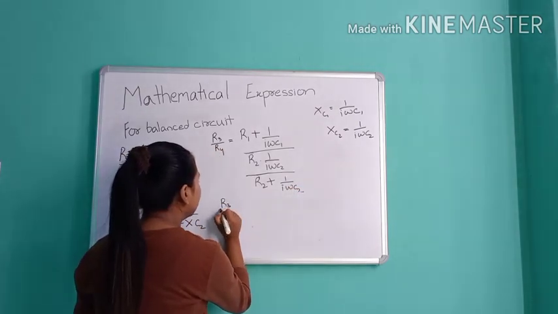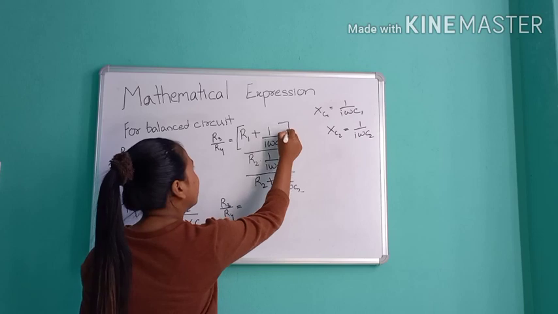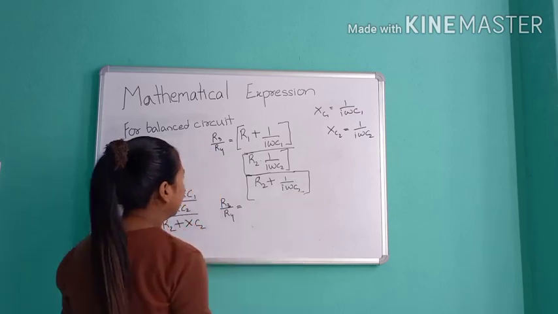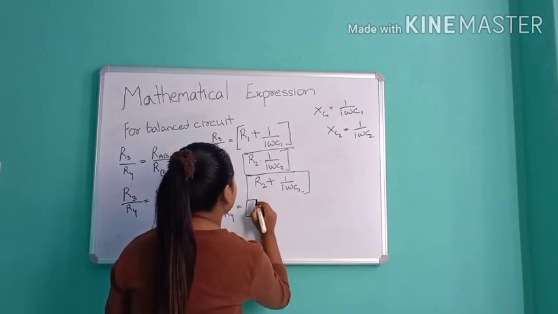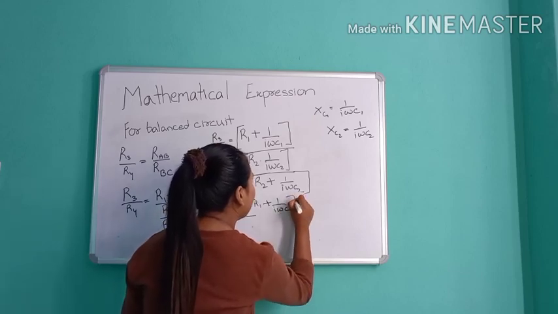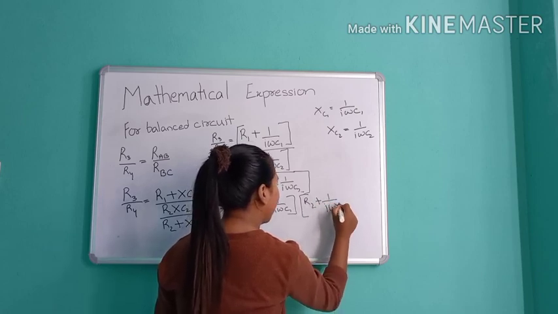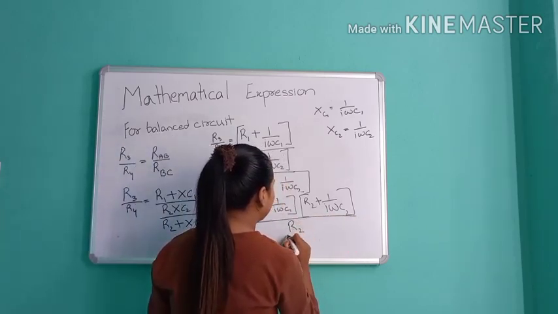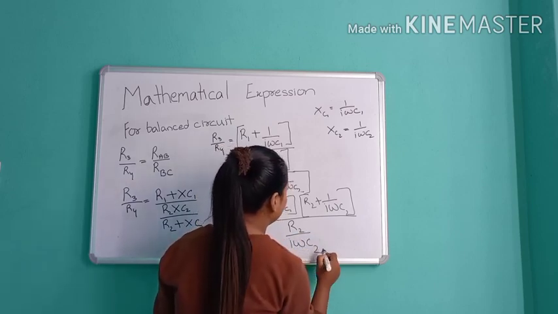Again, R3 by R4 equals, take this in bracket, then we will take this portion to numerator, into form like R1 omega C1, R2 plus 1 by iota omega C2, divided by R2 by 1 iota omega C2.